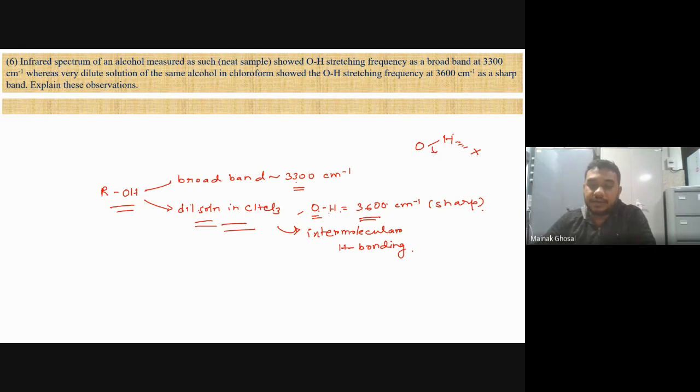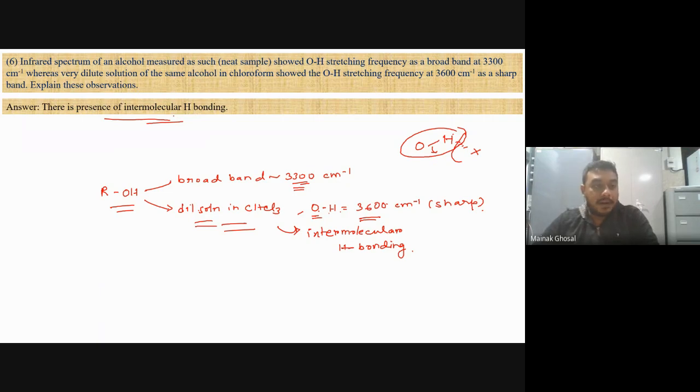Since this will be very weak, its vibrational frequency will be low. But in dilute solution, no hydrogen bonding is there. It will always get its own strain, so it will have higher vibrational frequency, and it will show a sharp band. So this is the answer: the explanation of the observation is the presence of intermolecular H bonding.